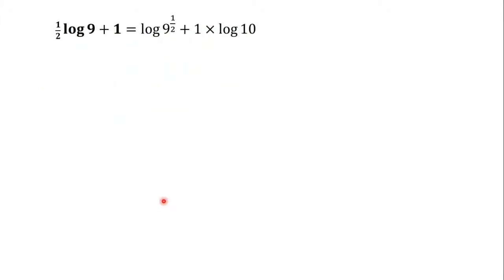Okay, let's consider the last question. We have half log 9 plus 1.